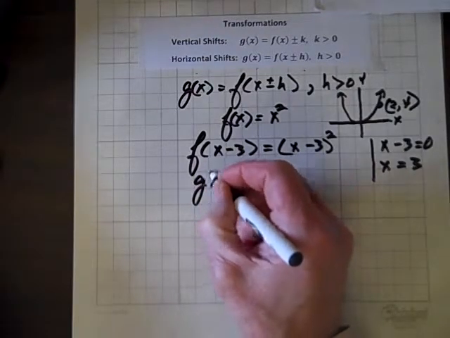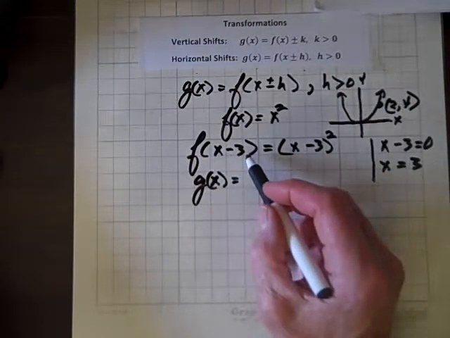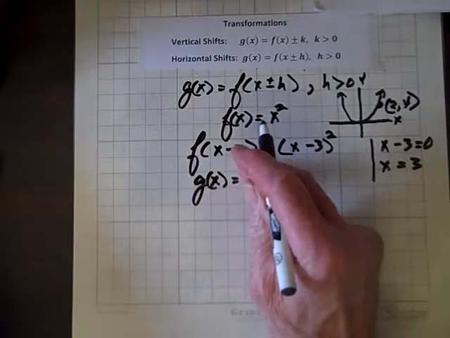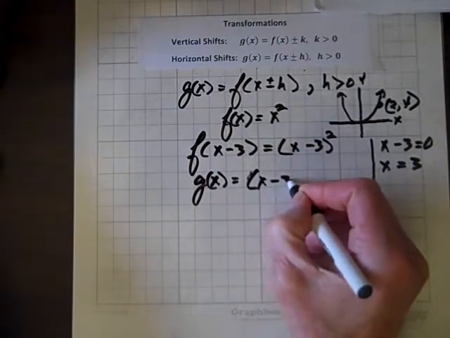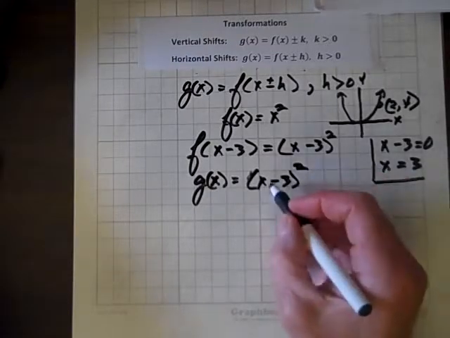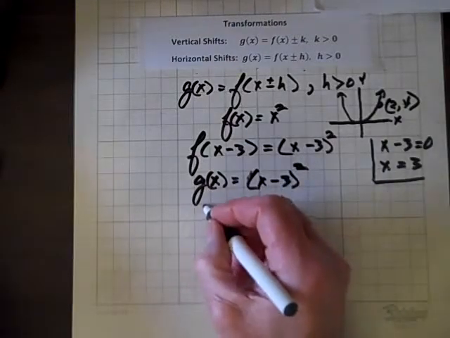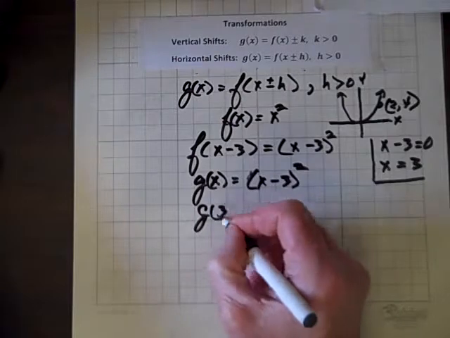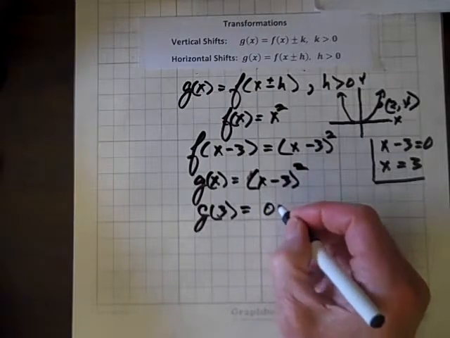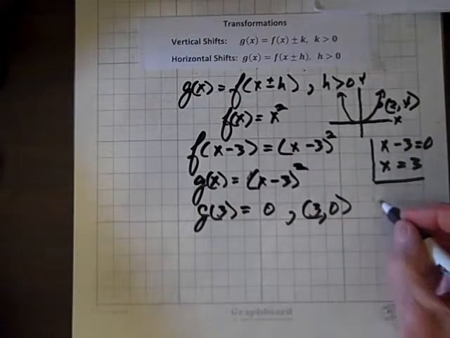So g of x equals f of the quantity x minus 3, but that is x minus 3 quantity squared. And we know that if we let x equal 3, this thing will go to 0. So we'll evaluate g of 3, and we get 3 minus 3 is 0, which corresponds to the ordered pair 3, 0.